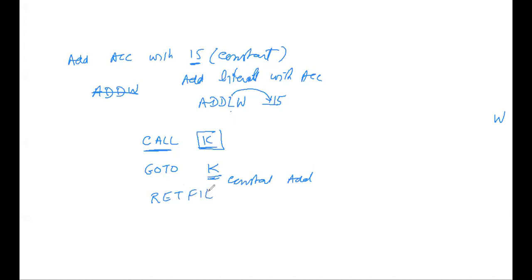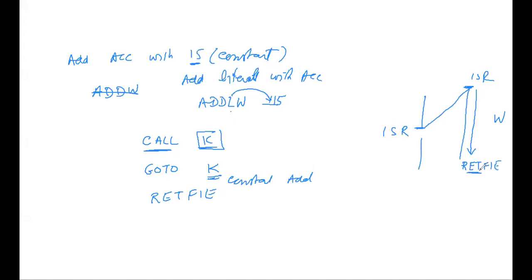Return FIE means when an ISR is called, you are executing this program, and at this point some interrupt takes place. You have to go to the ISR for solving it. What is the address of the ISR? And then you continue executing this ISR. The last line is RETFIE.